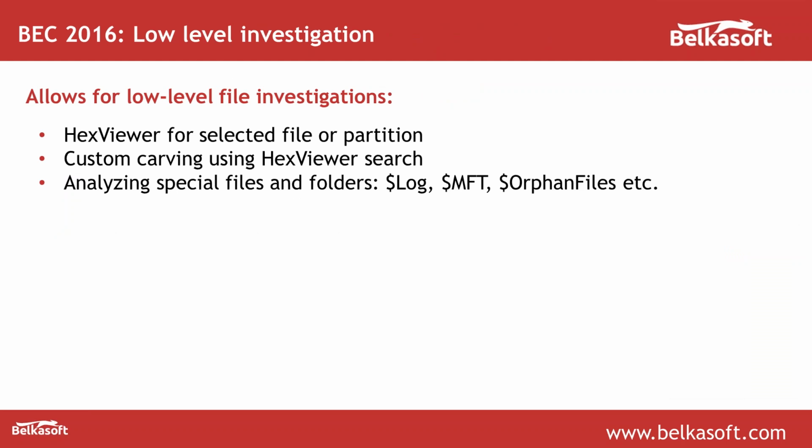Apart from analyzing 700 types of artifacts out of the box, the tool allows you to do low-level investigation. It has a file system module which helps you to review the whole structure of a hard drive or mobile device or mobile dump.